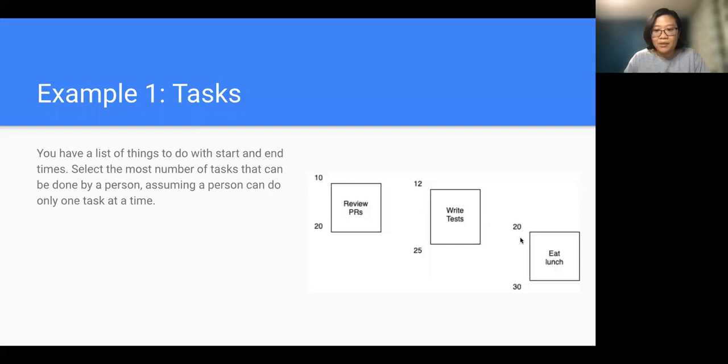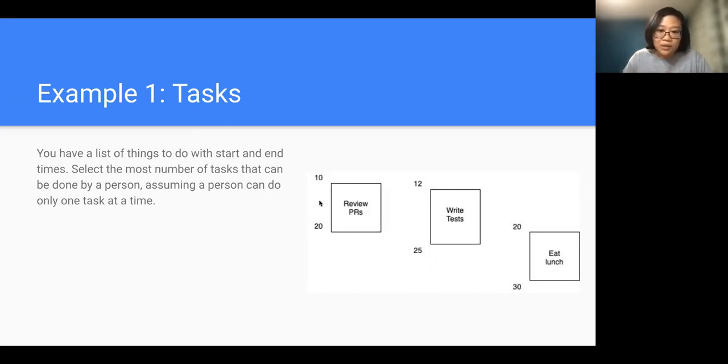So immediately you can think, well, 20 is a property of these two tasks that we can consider to choose what to go for. So if I just pick the task that is closest to the end time of the first task that I pick, I optimize for that.